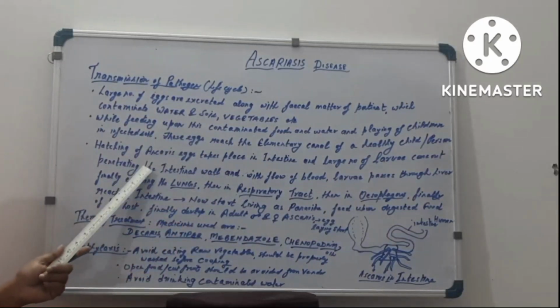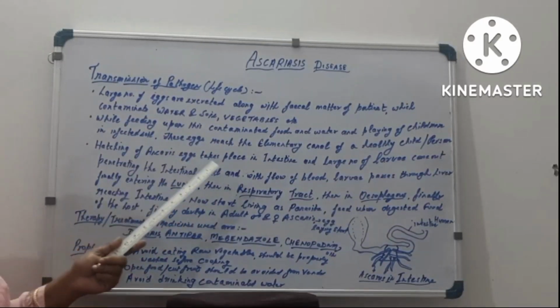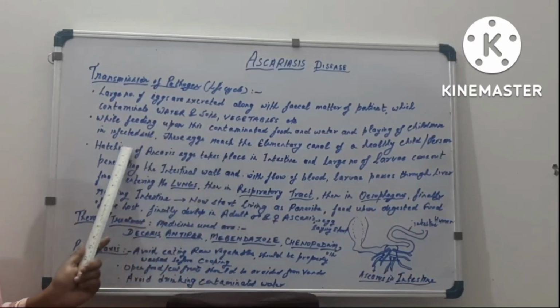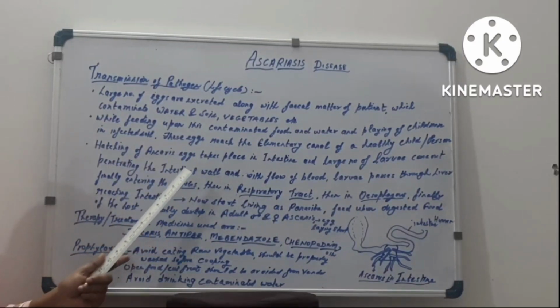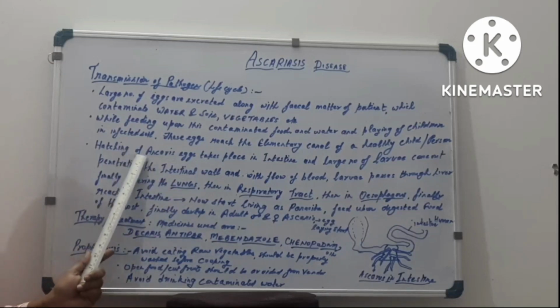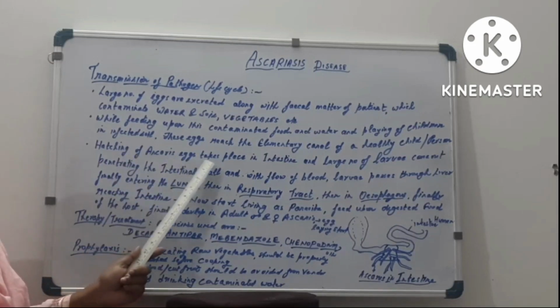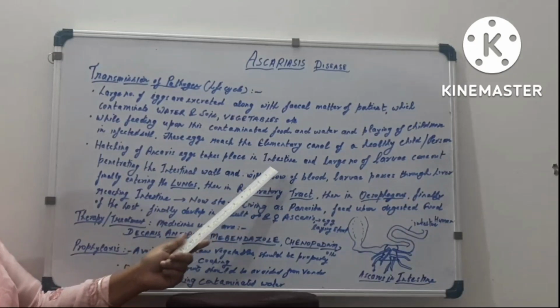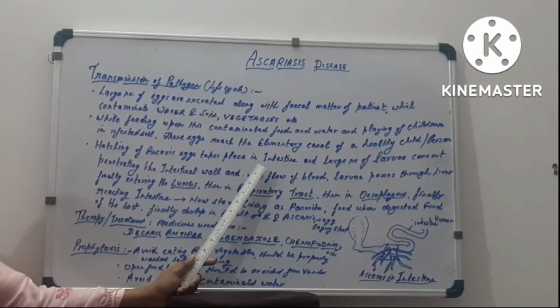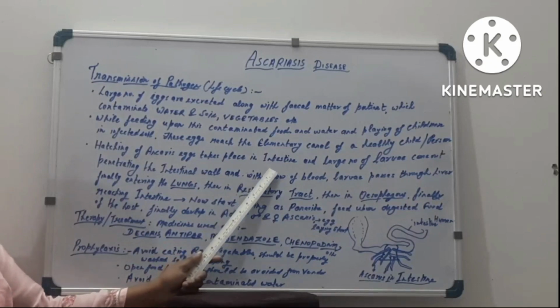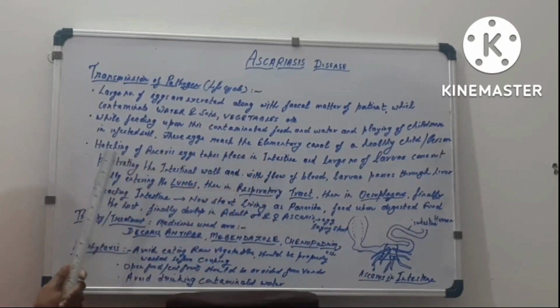Now the second step, when it reaches the intestine, the hatching of Ascaris eggs takes place and the larvae come out. This important process happens in the intestine, and a large number of larvae of this pathogen are now present in the fluid of the intestine.